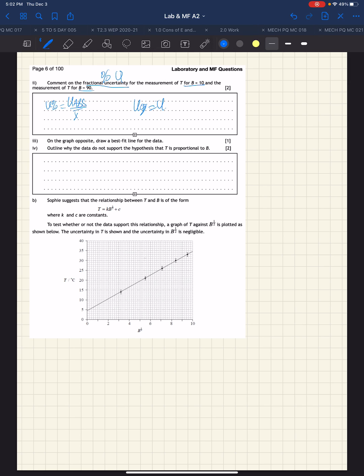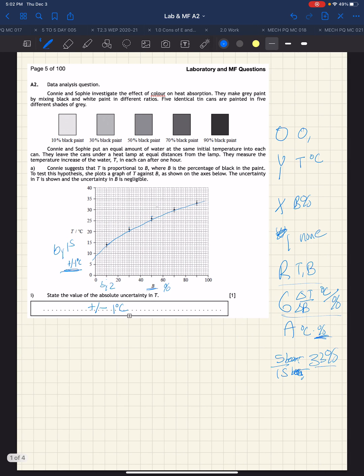For a value of 10, what we're talking about here is how does this uncertainty compare to this uncertainty? Well, we can see the uncertainties are the same size and B is bigger. So we should expect that standard thing that the uncertainty decreases related to the size of the measurement as it gets larger. We should be able to see that right off the bat, but we can calculate that.